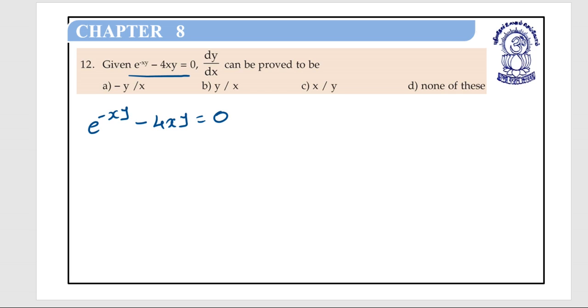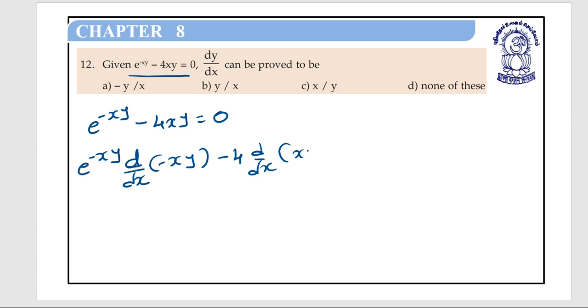So you can take d by dx of e raised to minus xy minus 4 d by dx of xy is equal to 0. e raised to minus xy, d by dx of minus xy minus 4.